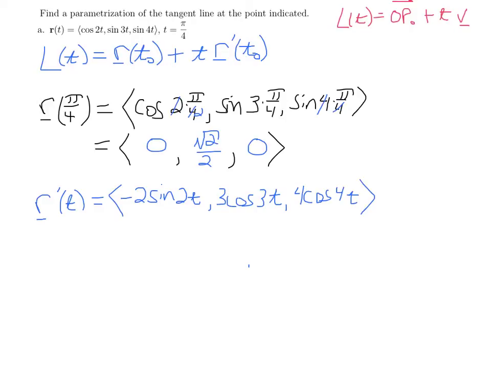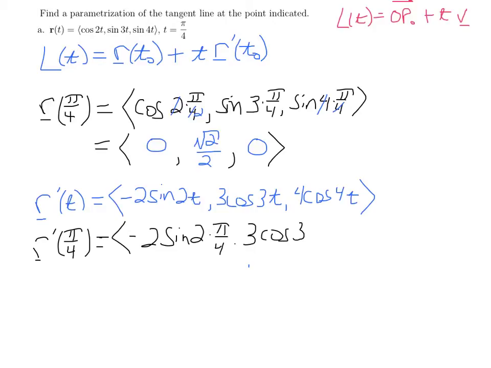So now let's evaluate that vector at pi over 4. So I have minus 2 sine of 2 times pi over 4, comma, 3 cosine of 3 times pi over 4, comma, 4 cosine of 4 times pi over 4.